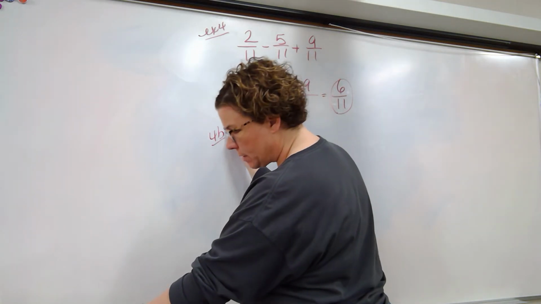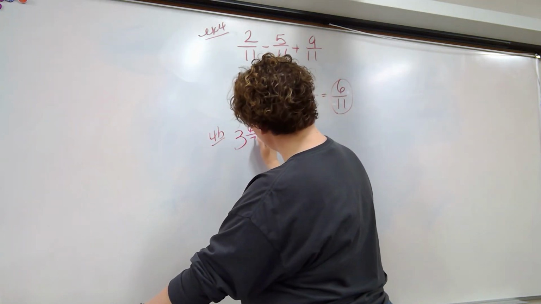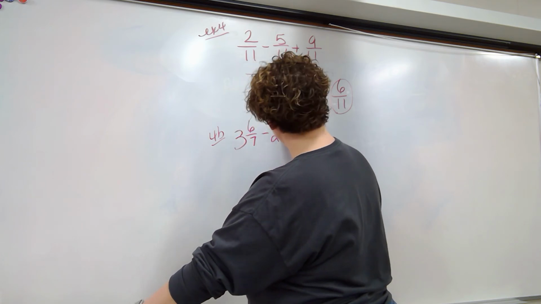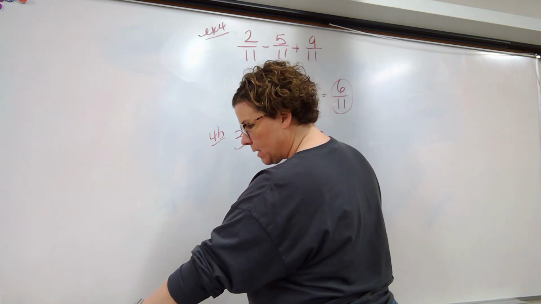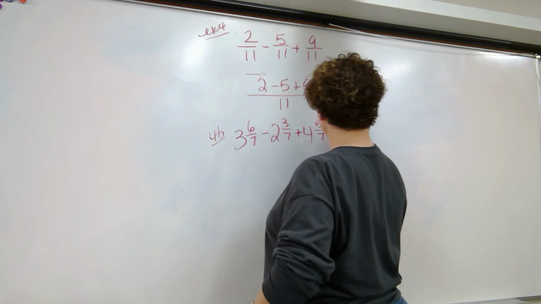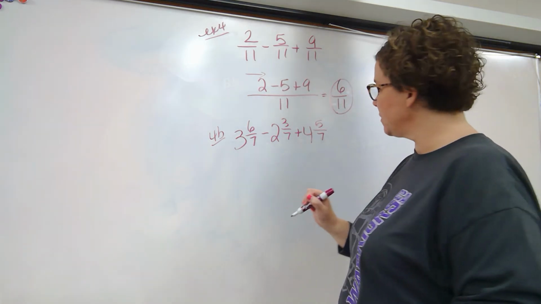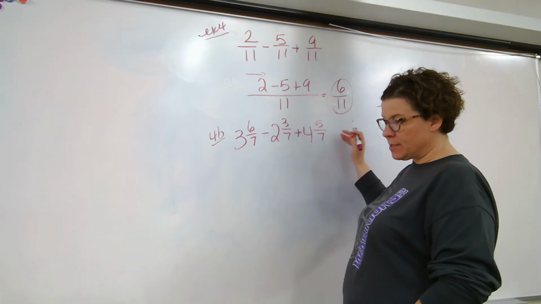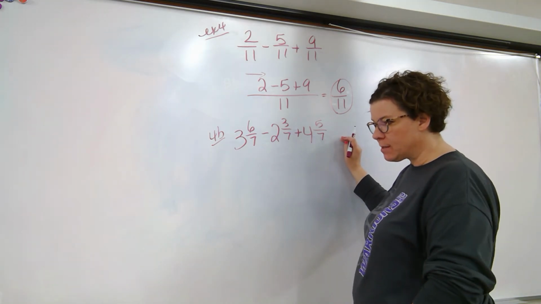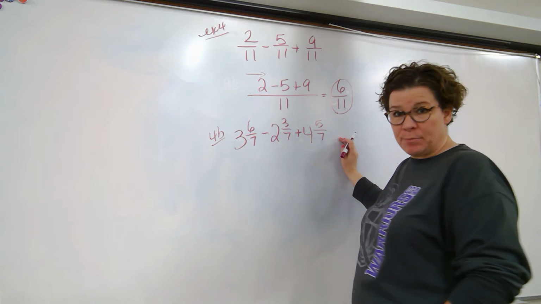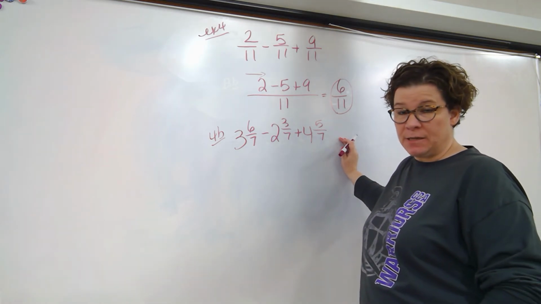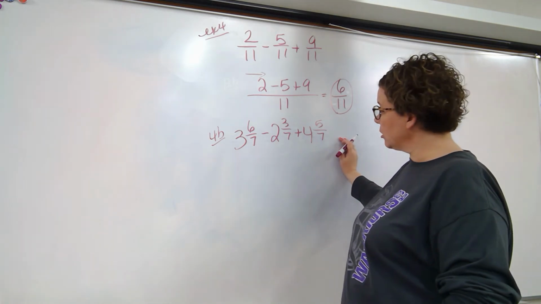4B is 3 6/7 minus 2 3/7 plus 4 5/7. I told y'all earlier that you could use improper fractions for this. I think I'm going to do this one using the improper fractions. The example in the book breaks it down into the whole number and the fractional parts.